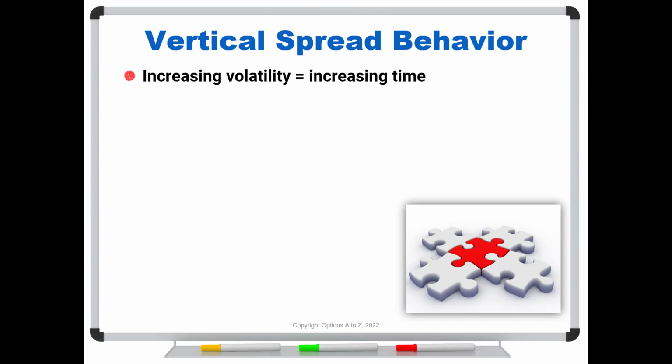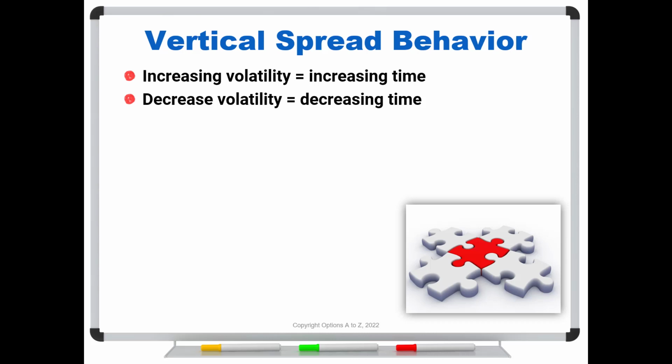Or we could keep volatility the same and just increase the amount of time to expiration, and that would also give you more time for the stock to reach higher highs. So that's what I mean when I'm saying that increasing volatility and increasing time are really two different ways of accomplishing the same thing. Well, obviously, going in the reverse direction will be true as well.